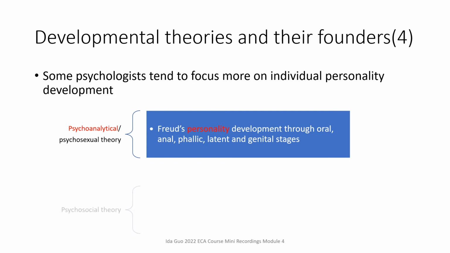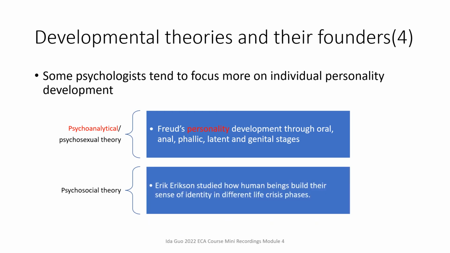But we have another important figure coming out. Okay, this psychologist developed the psychosocial theory. It still explains how individuals construct their personality over a lifetime. So we have Erik Erikson, who actually received training from Sigmund Freud's daughter, Anna Freud.